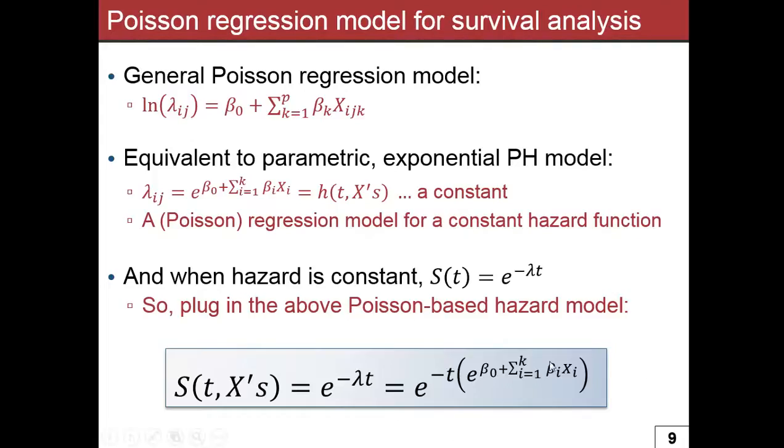This is the survival function for a Poisson regression survival analysis. So you have survival data, you can fit Poisson regression to it, and if you want survival curves, this is how you do it. It's e to the minus lambda t, same basic formula, and you plug in for lambda the Poisson equation. We're solving for log of lambda, but you exponentiate, plug this in, and bam, here you go, survival curves. So we'll make some survival curves today.